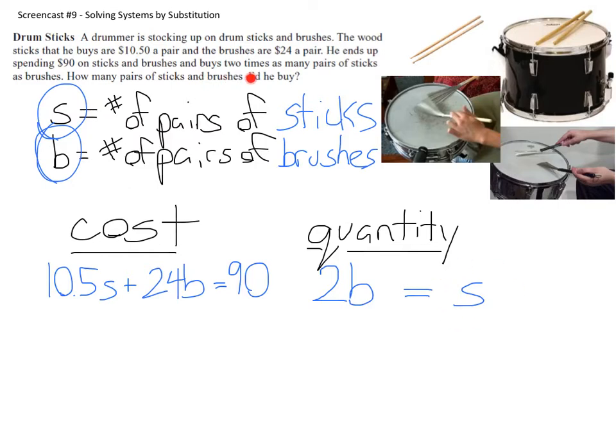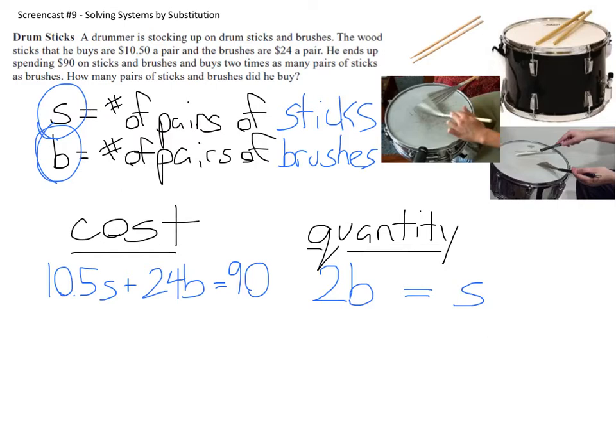He bought 2 times as many pairs of sticks as brushes. So therefore, the sticks are more than the brushes. So if we double the number of brushes, we have the number of sticks. I'll let that sink in for a moment. And if the logic makes sense, and you're comfortable with it, we will move on.